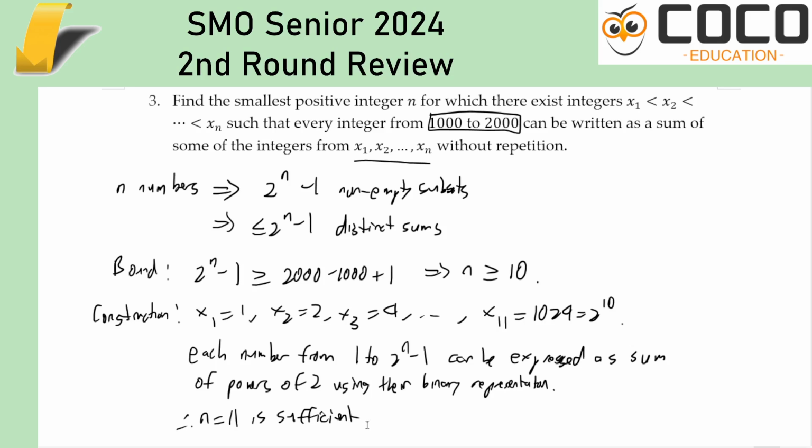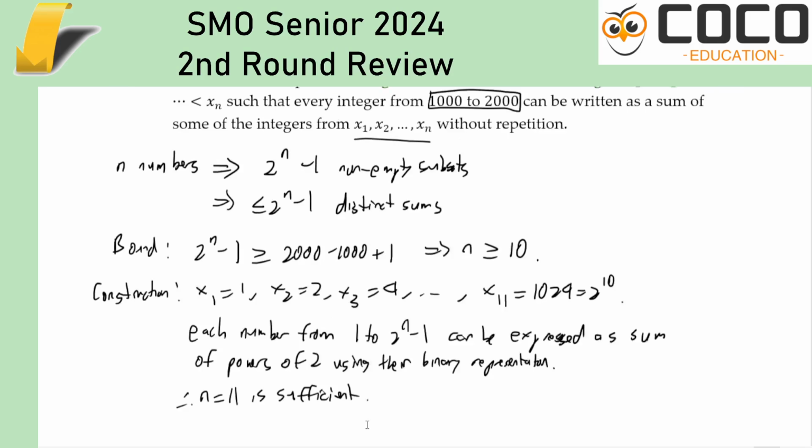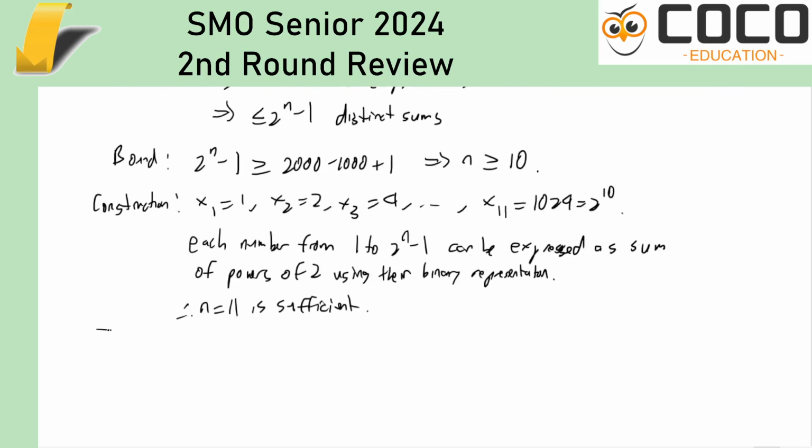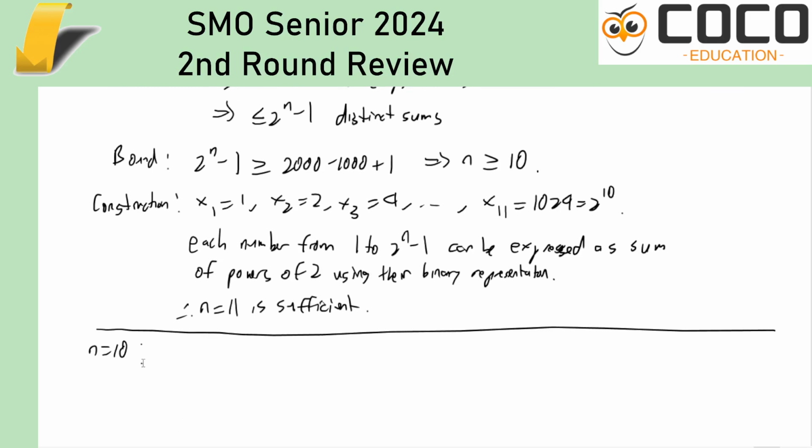Which leaves us with the main n equals to 10 case itself. And so the main case of n equals to 10 is what we are concerned with. We are trying to, as simply as possible, either find a way to do it with 10 or find a way to explain why 10 does not work.